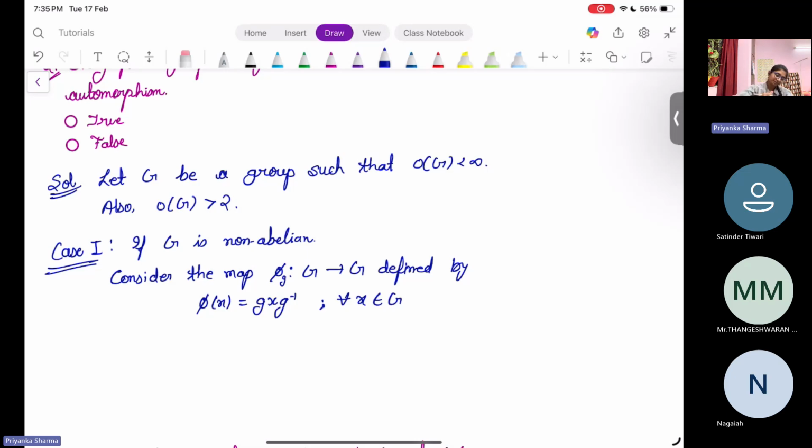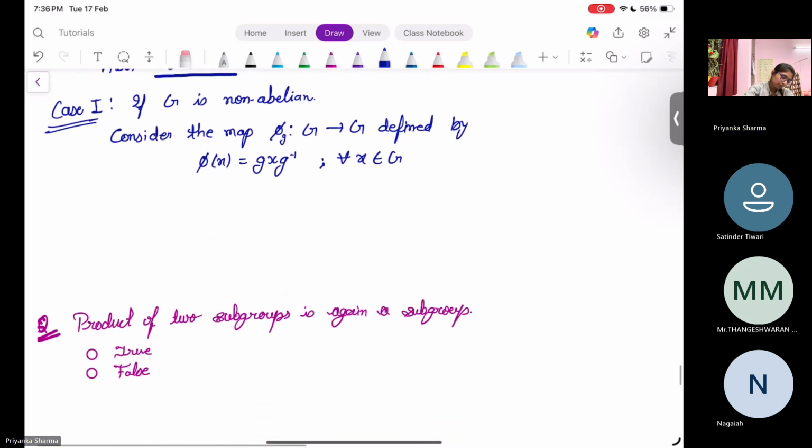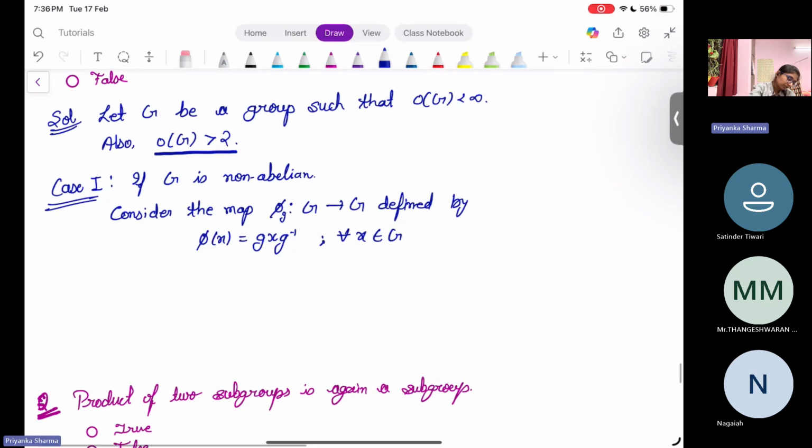And okay, keep this in mind. Order of G is greater than 2. So yep, this is well defined actually.